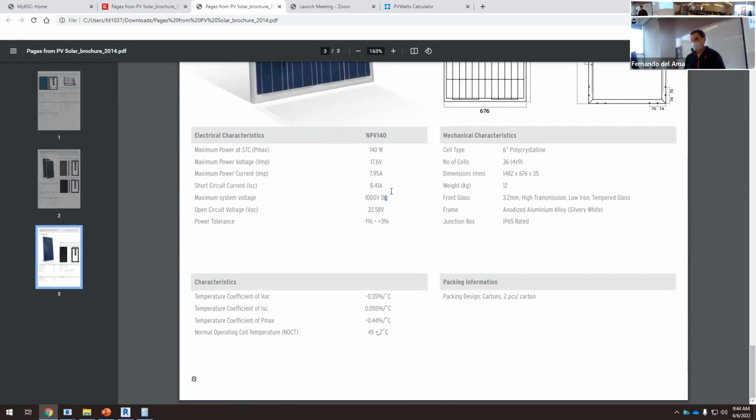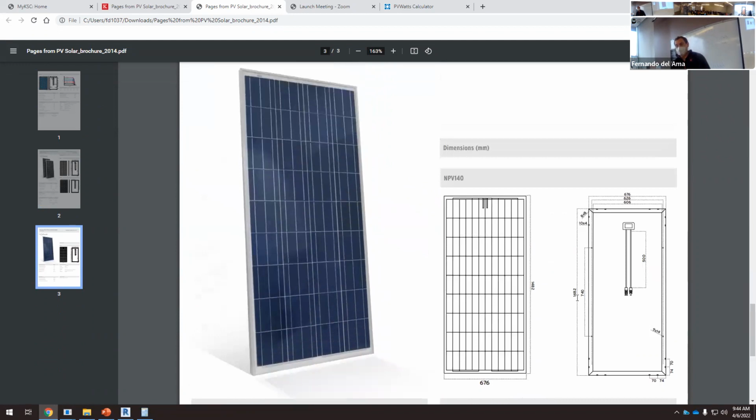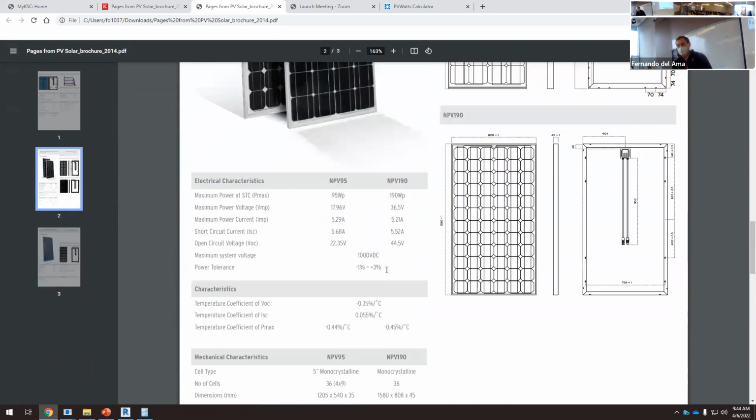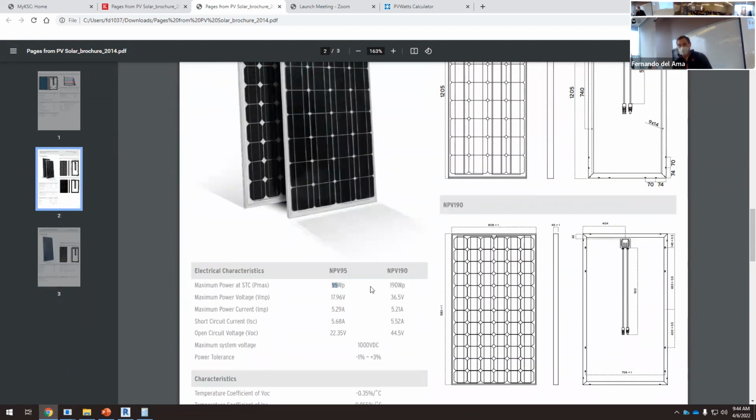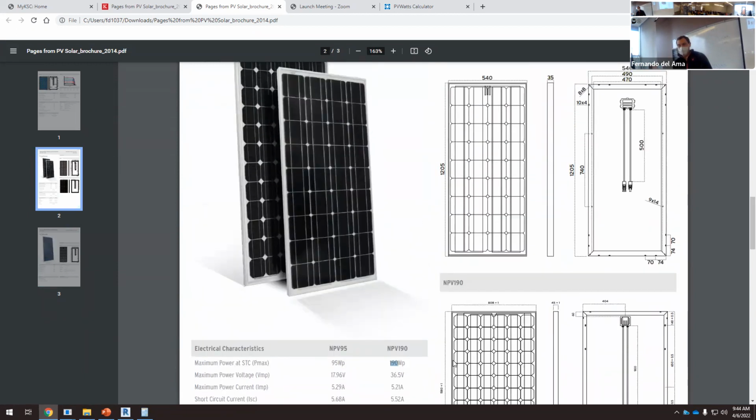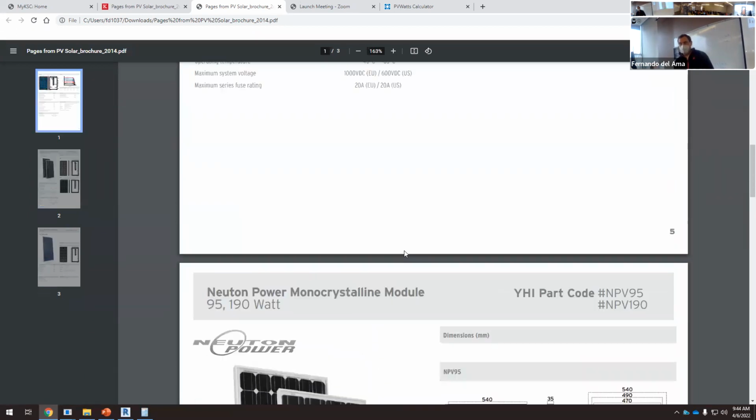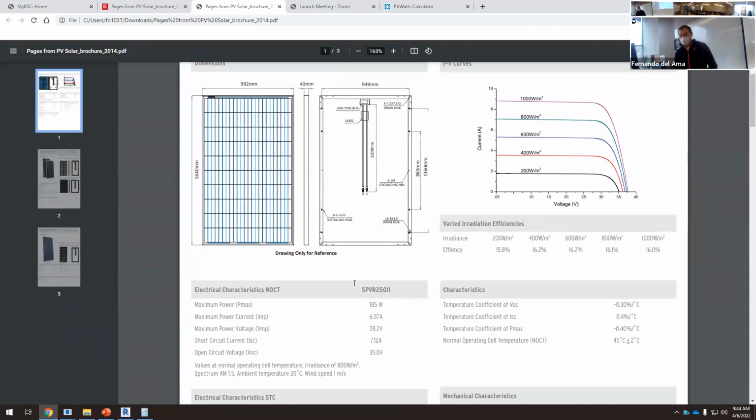Okay, so we have 3 panels. The first one is 140, but with these dimensions. The second one, it can be 95 or 190 with these dimensions or these dimensions. And the other one is 185 with this. So which one would you select?